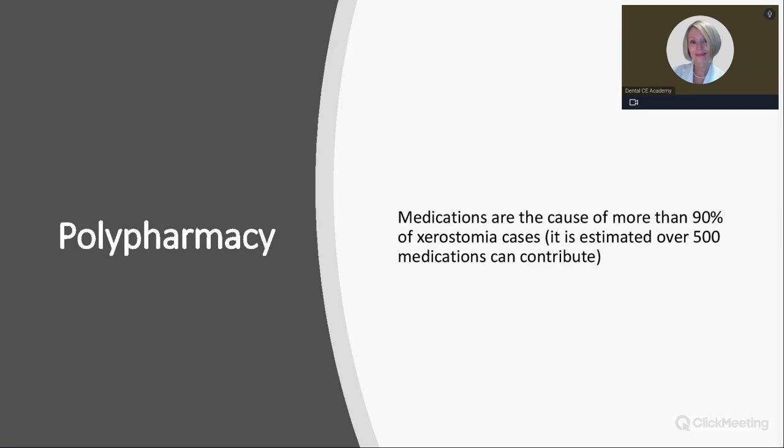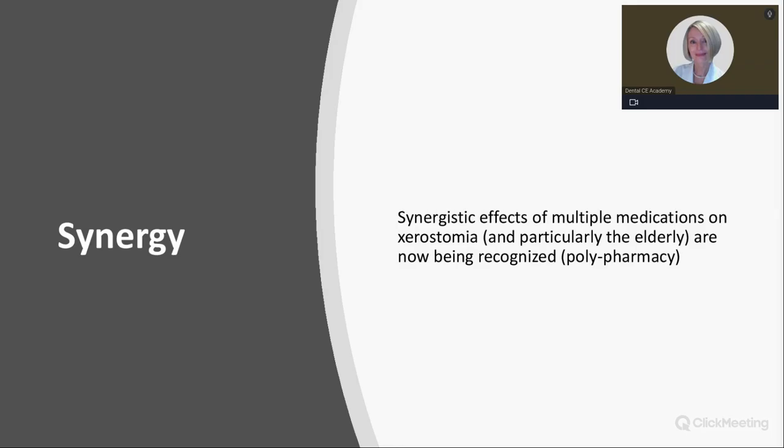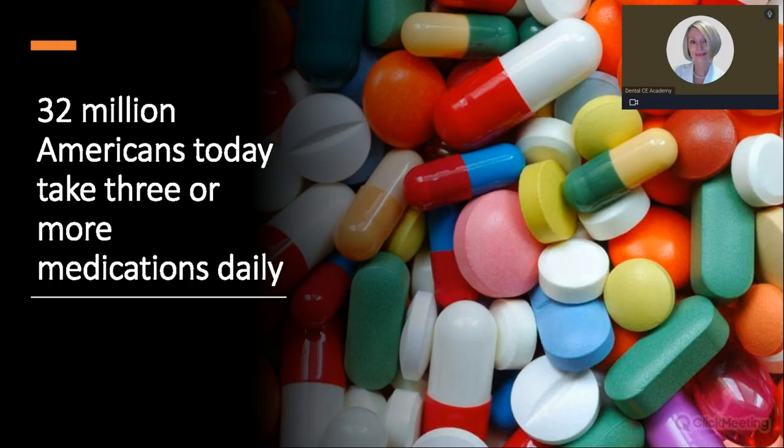Medications are the cause of more than 90% of these xerostomia cases. An estimated over 500 medications can contribute. And there are synergistic effects with multiple medications that can lead to xerostomia, particularly in our older adults. Again, now being recognized as polypharmacy. And 32 million Americans today take 3 or more medications daily.